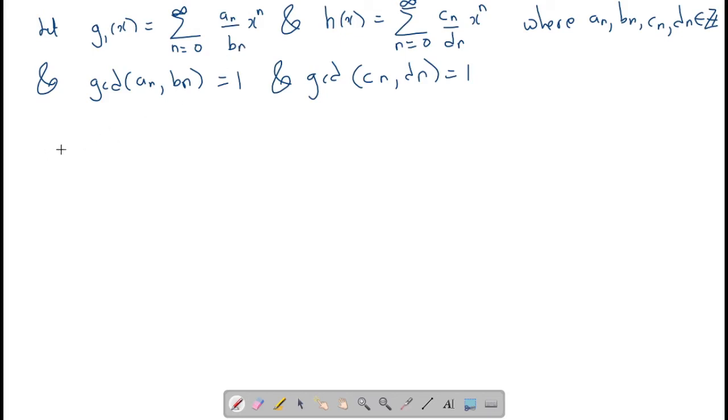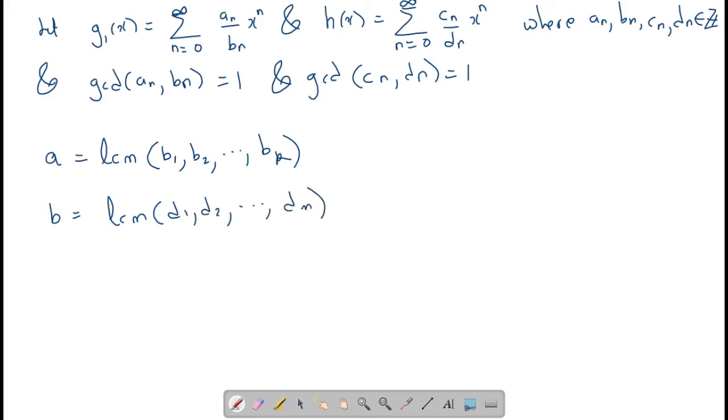Let us look at a to be the least common multiple of all the bn's, that is b1, b2 up to say bk, and we'll take b to be the LCM of d1, d2 up to dm, where k is the degree of g1 of x, or the degree of g of x, which is the same, and m is the degree of h of x.